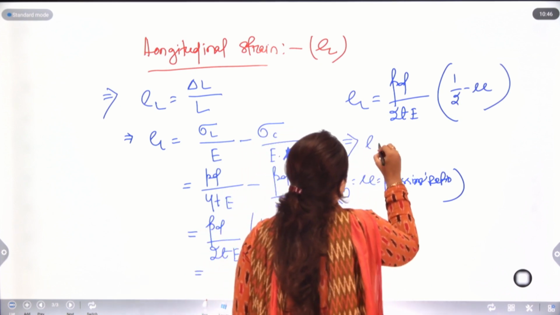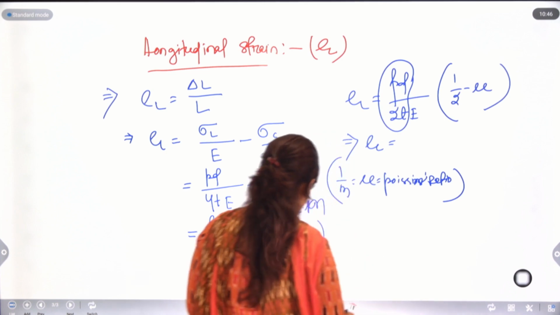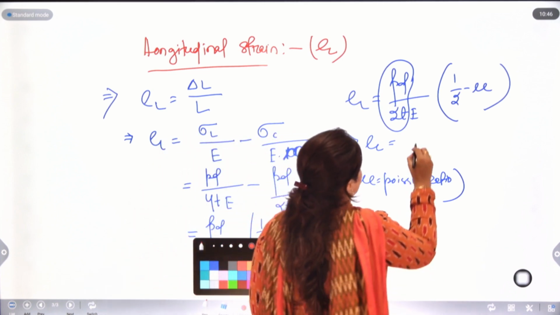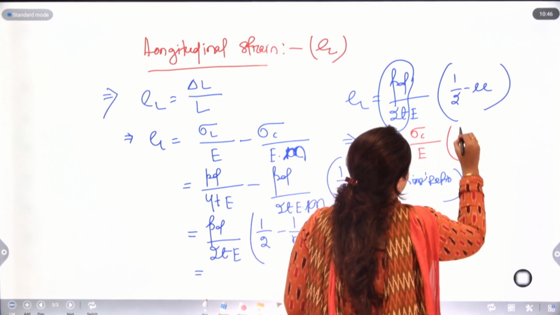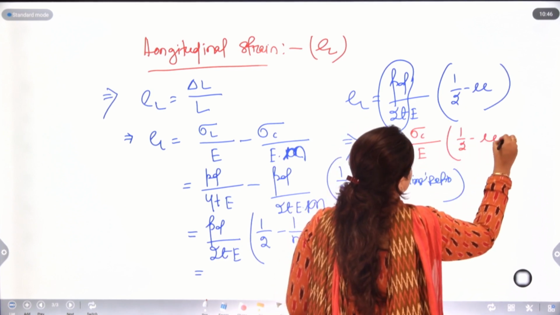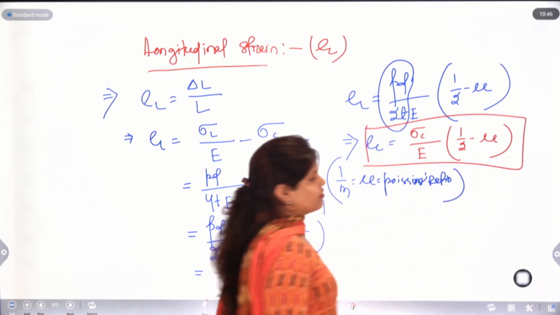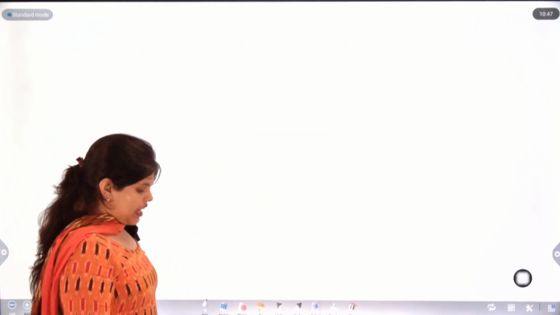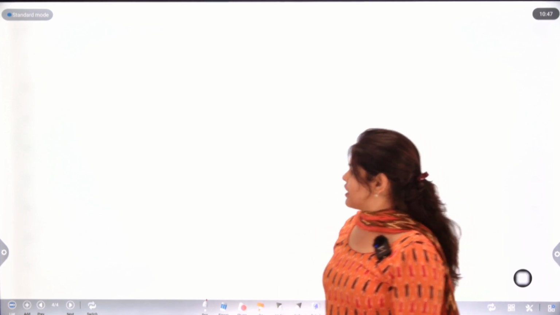This term is our circumferential stress, so we can write sigma c upon E into 1 by 2 minus mu. So, we have already calculated our longitudinal strain and hoop strain.